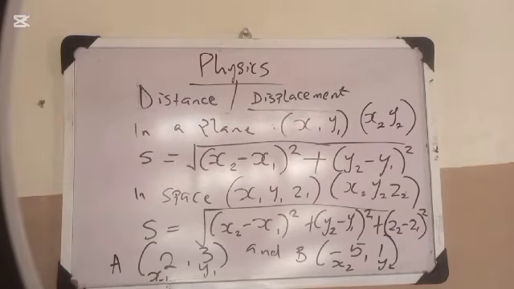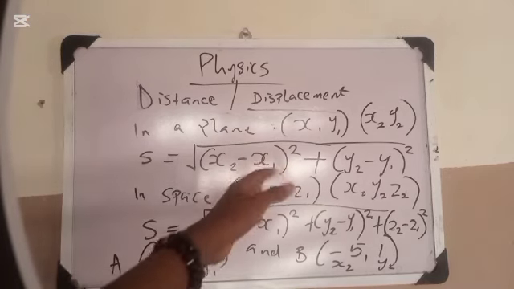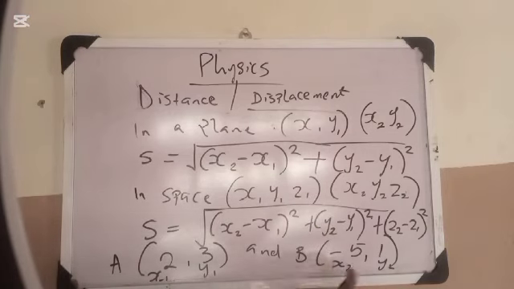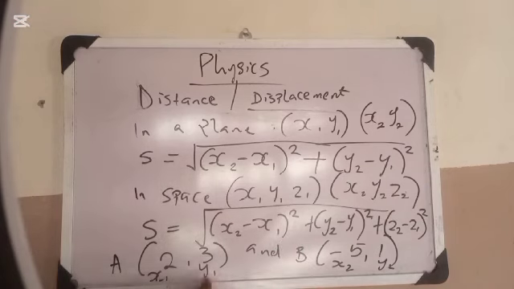For example, I will just solve it directly for you to understand. Where is your x2? This is your x2, so you are going to have -5. Where is your x1? This is your x1. You say -5 - 2, which gives us -7 squared. Plus, where is your y2? Your y2 is 1 minus your y1, which is 3.